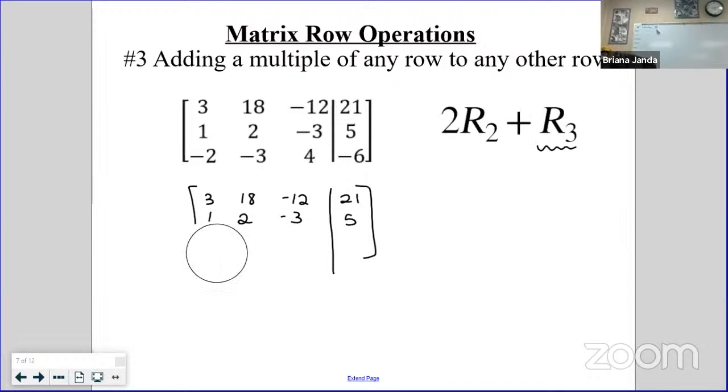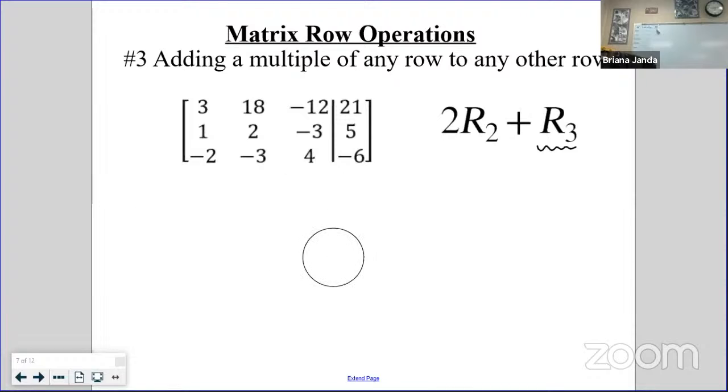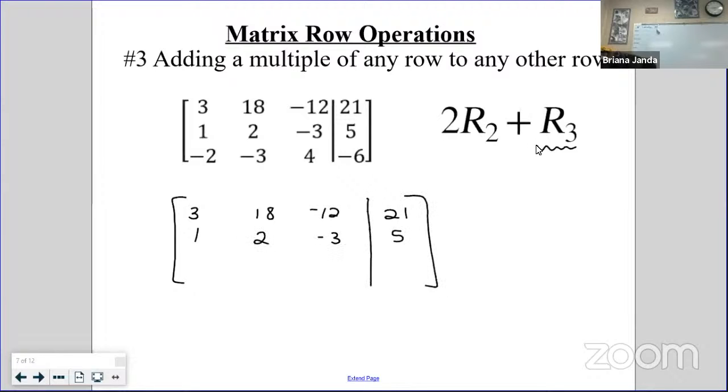Let's see, I should have given myself a little more room here. Let me give myself a little more room here. Okay, 2 times row 2, there's row 2, plus what was already in row 3.